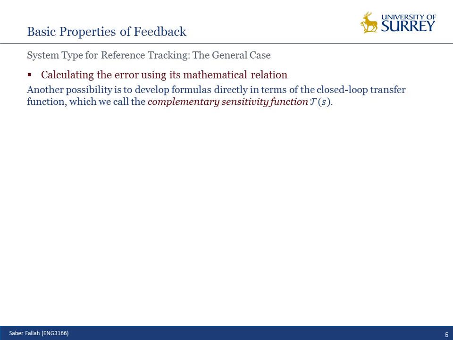We want to have minimum or 0 steady state error in order to have a perfect trajectory. In fact, the output is exactly the same as the input to the system. Correct? So lower steady state error means a better response in terms of tracking the input. That's why in basic or classical control systems, we are always looking at the error, minimizing the error or approaching the error to 0.